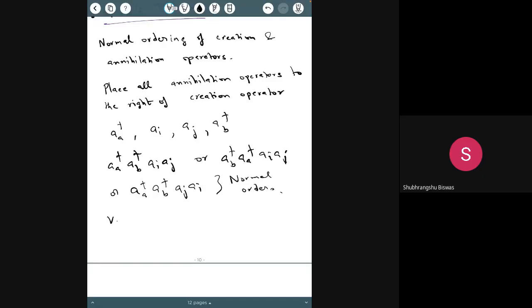Which means that vacuum expectation values of all normal ordered strings are 0.